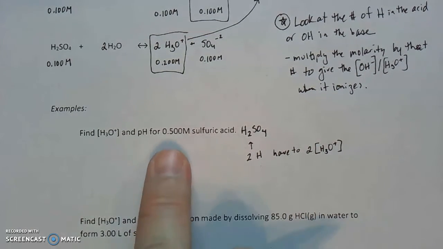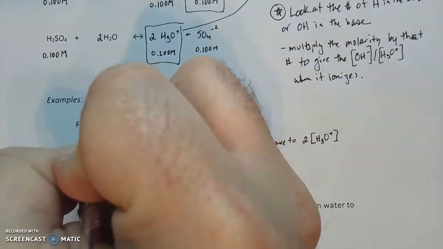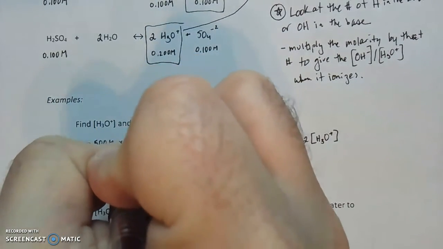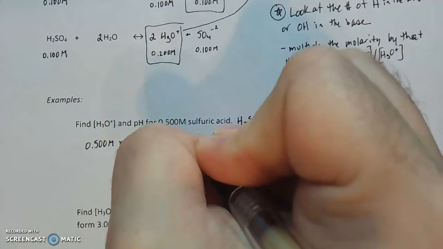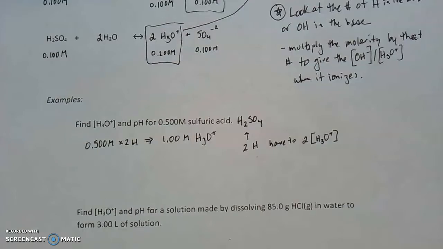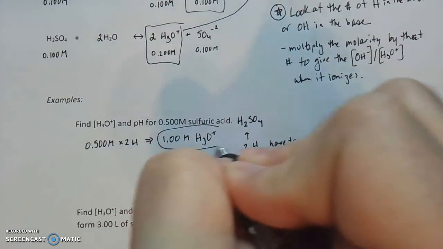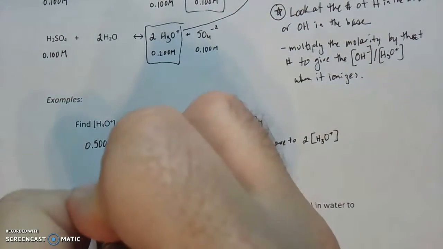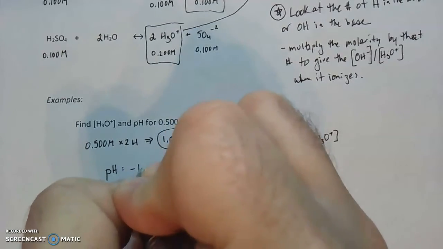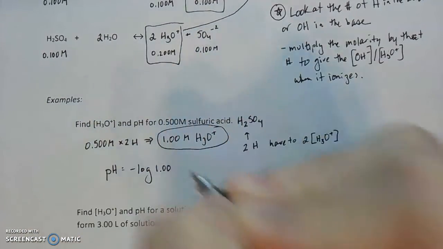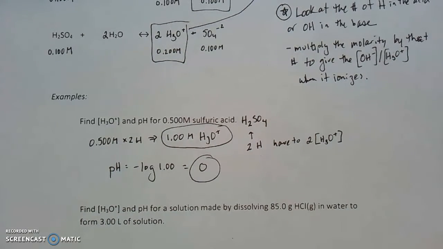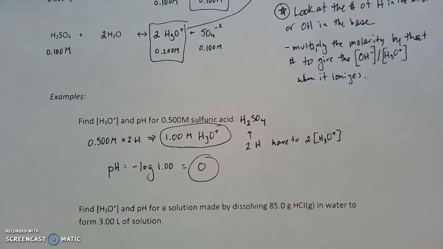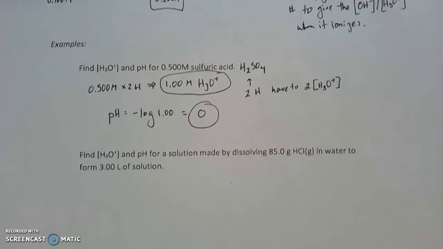So if it's 0.500 molar sulfuric acid, 0.500 molar times our two H's gives us 1.00 molar H3O plus. So that's one of our answers. Now pH is equal to the negative log of 1.00, which gives us a 0 pH.